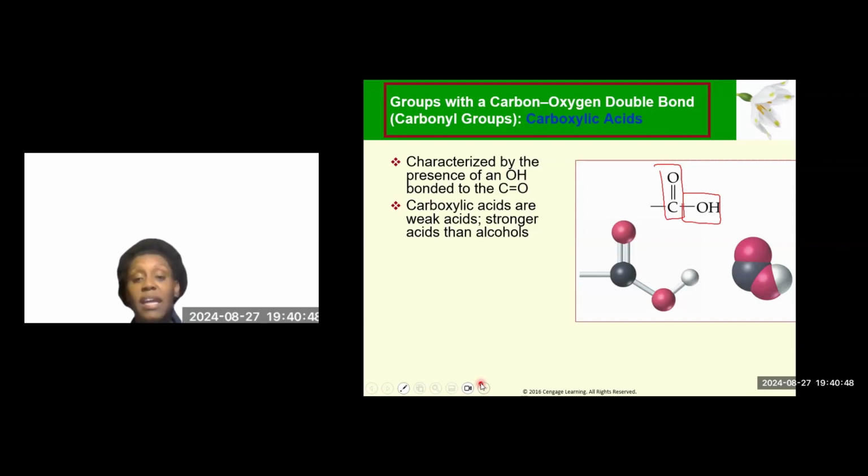So they don't completely dissociate like strong acids do, but they are definitely stronger acids due to the resonance, the delocalization of the bonds when the hydrogen is removed. And so what makes a carboxylic acid a strong acid is that when that hydrogen is removed by a base, these electrons here can play in resonance.